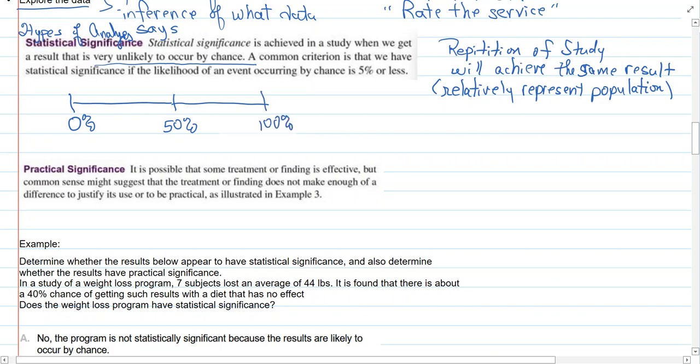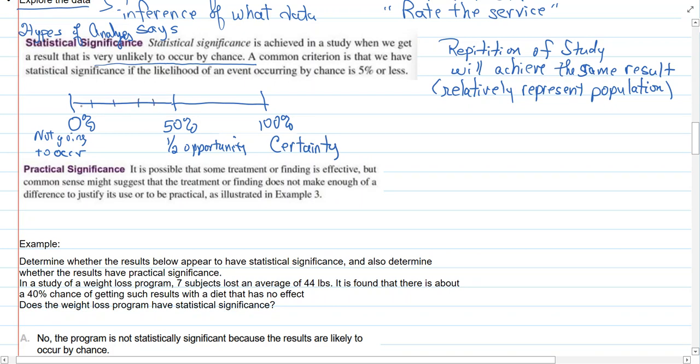Okay, now this is not going to happen. Chance, half. So let's do 1, 2, 3, 4.